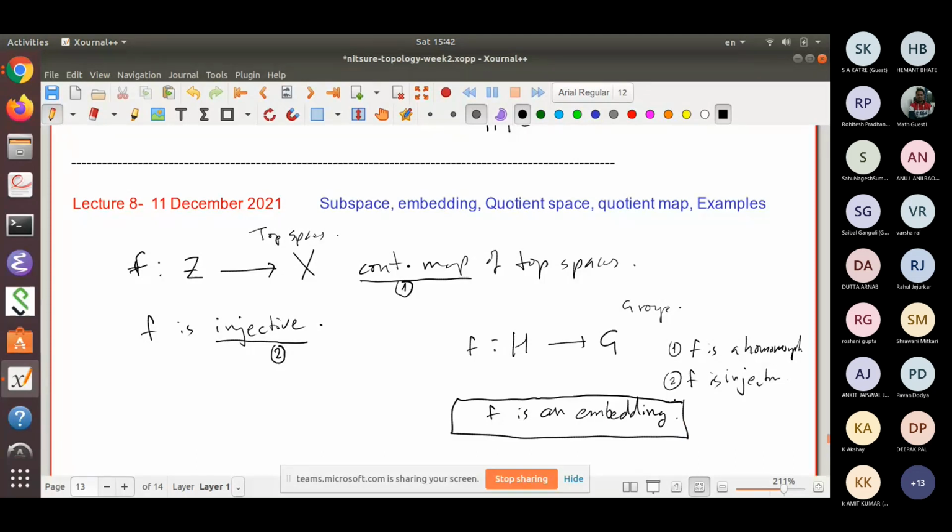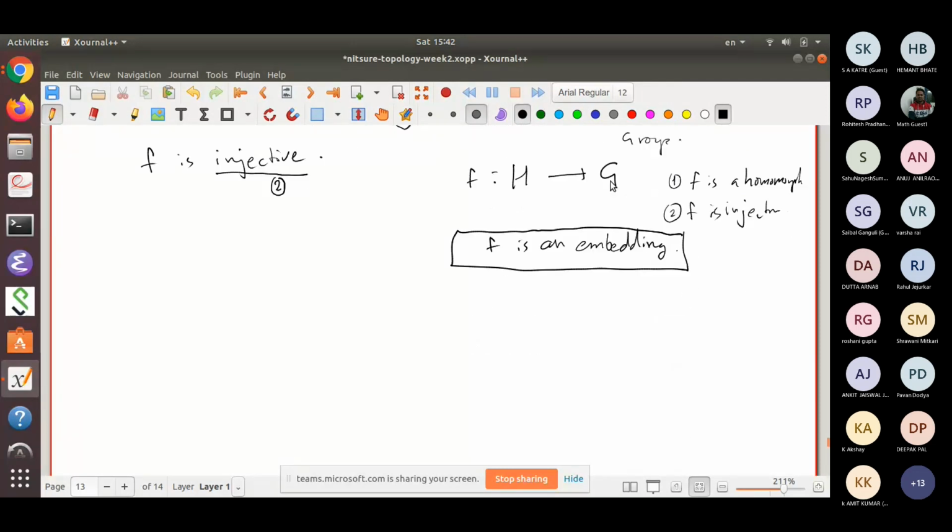So where does the word embedding come from? You know jewelry. So there is a ring, suppose. Now this ring is the one you wear in your fingers. The ring looks like this. And all this is made of, let's say, silver, whatever. And then there is a ruby. And the ruby is embedded.